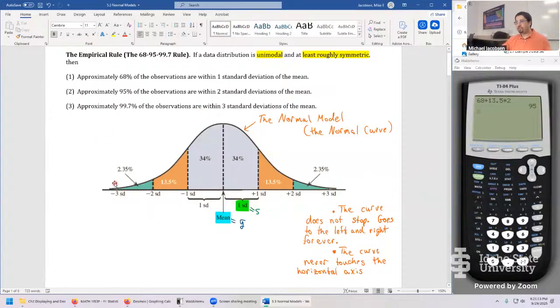And that's well conveyed here. If we zoom in on the left or the right, this curve was meant to show about what it would look like. When you're beyond 3 standard deviations, it is extremely close to the horizontal axis, but it will never actually intersect it. There's always a positive distance between this axis and the normal curve.